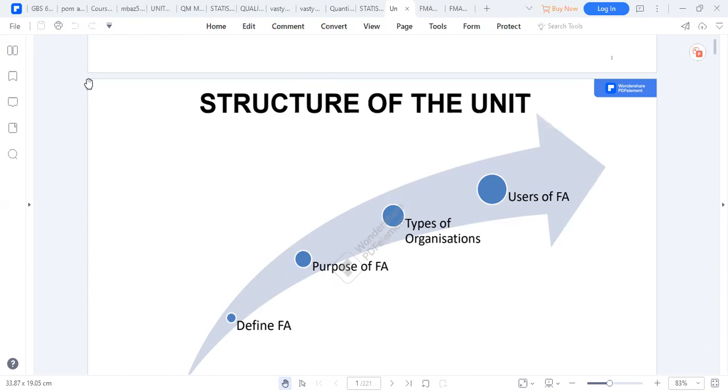So what is financial accounting and who are the users of financial accounting information, Irene? Well, the users of financial information, basically the stakeholders.